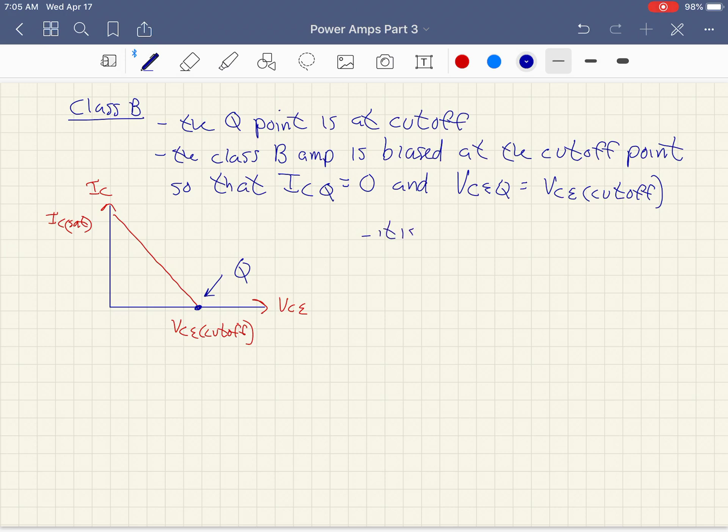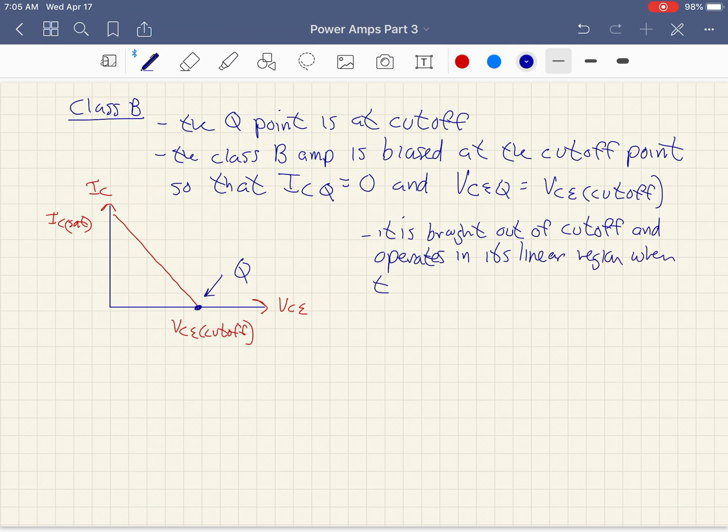We can say it is brought out of cutoff and operates in its linear region when the input signal drives the transistor into conduction.